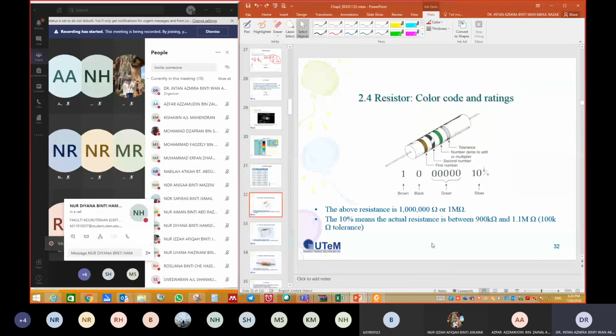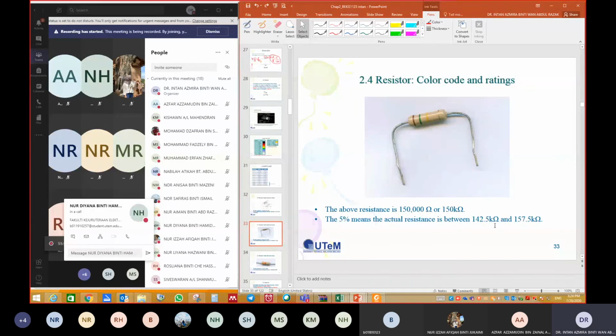Meaning we can accept the value for this resistor from 900 kilo ohms to 1.1 mega ohms, because 10% of 1 mega is 100 kilo. So 1 mega ohm plus minus 10%: 1 mega ohm minus 10% and 1 mega ohm plus 10%.